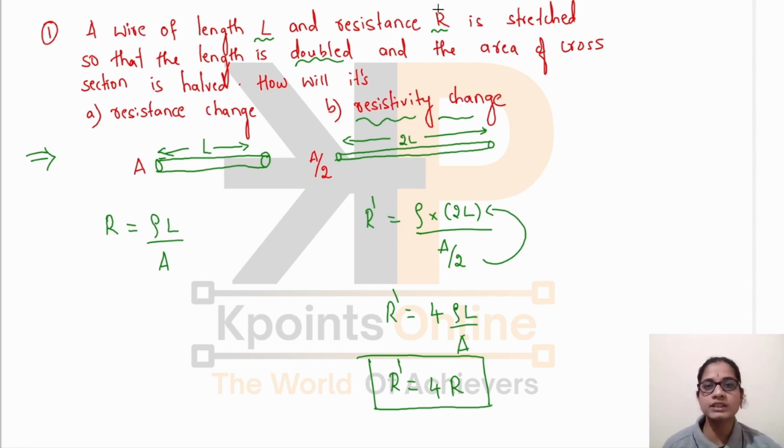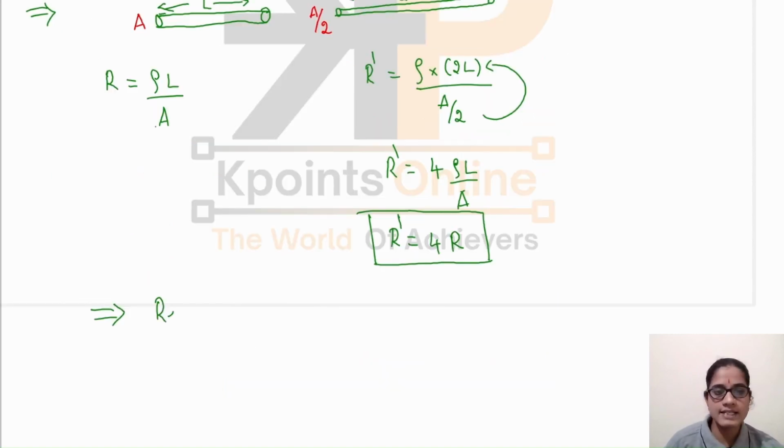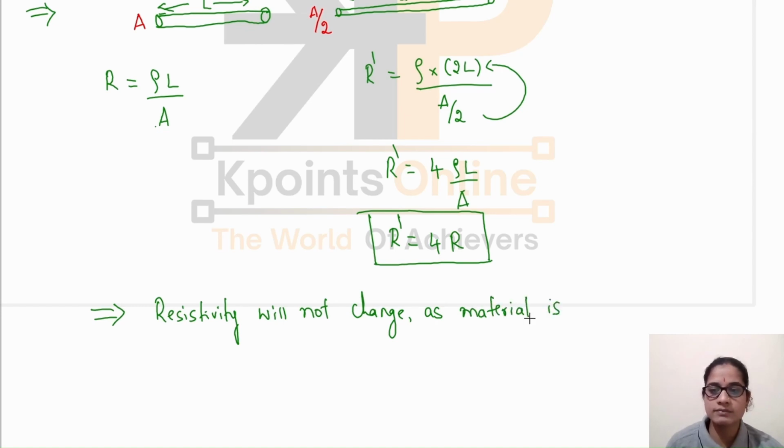So, if you change the length and area, the resistivity will not change because it is the property of a material. So, resistivity will not change as the material is the same.